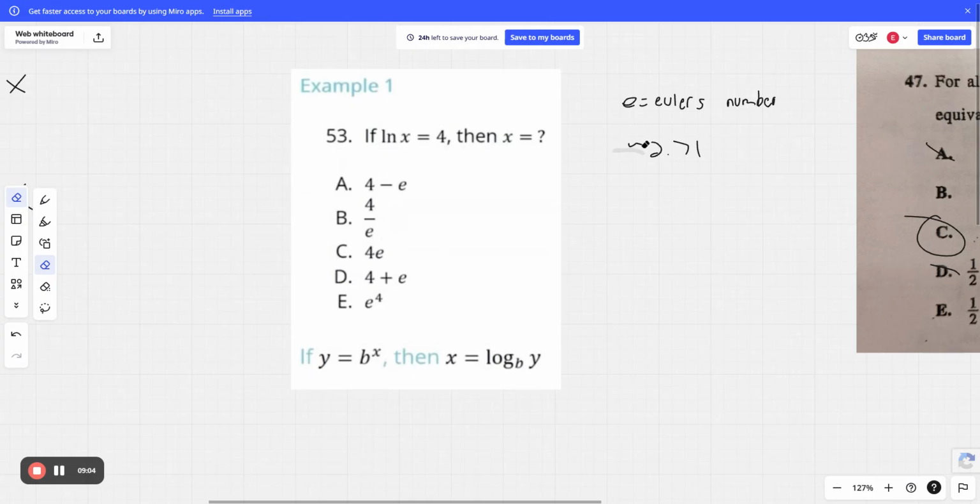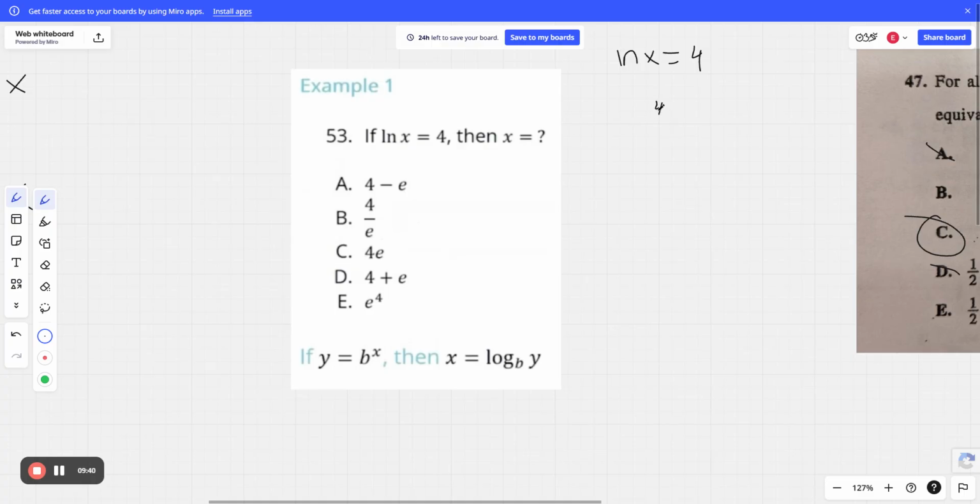So the way we use Euler's number in natural logarithms is essentially the same thing. When we have the natural log of x equals 4, then what is x? From the form, if we have ln x equals 4, you have to memorize it. There's not really a very good way to explain it, but we know that these logarithm questions have to equal the exponent.